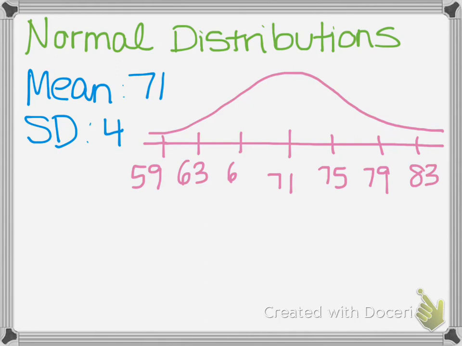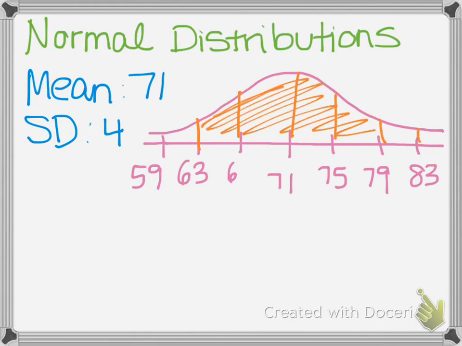And I would say, all right, well, let me first identify the fact that this is where 63 is. So I'm going to use my empirical rule and first break all of these into those sections. I know that I need everything on this side because I said greater than 63.